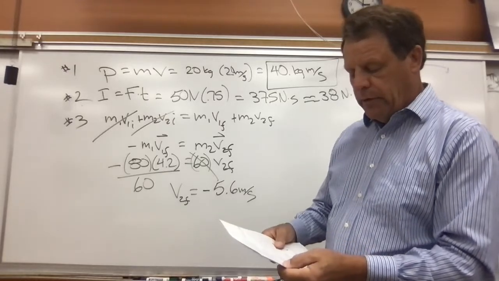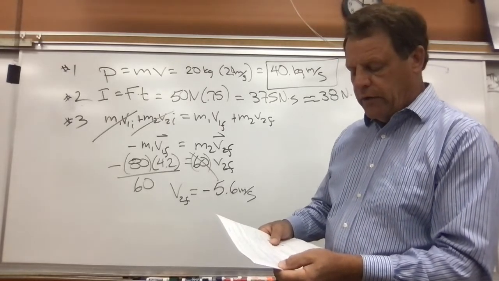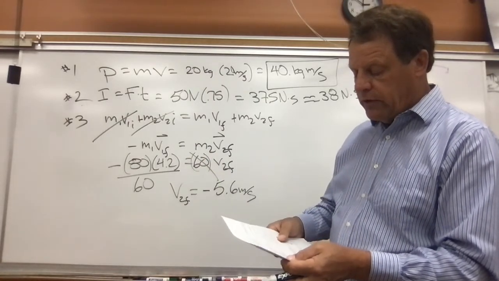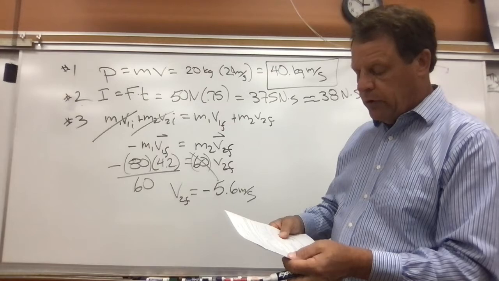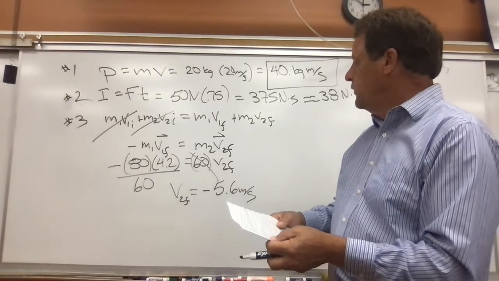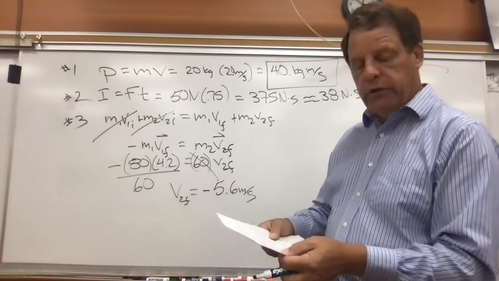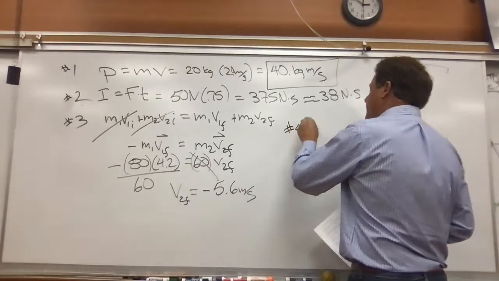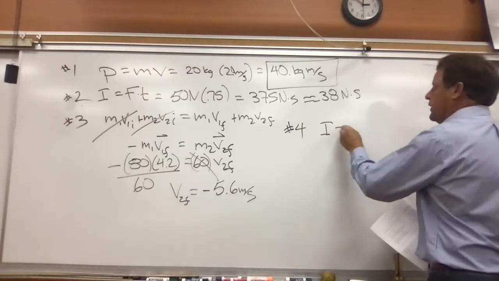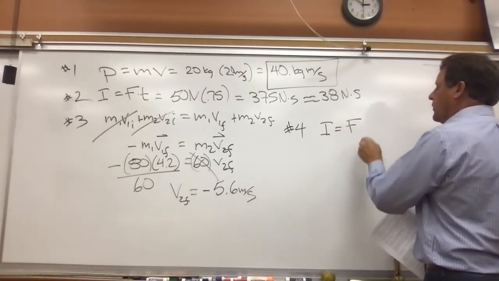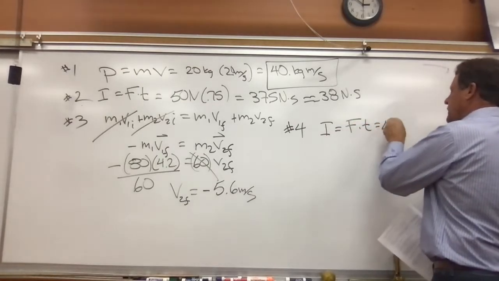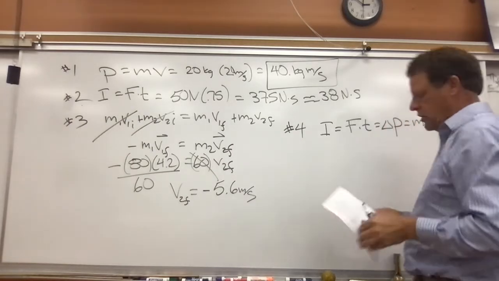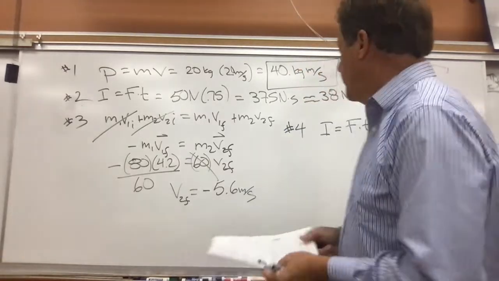All right, number 4. We're going to take the scenario from number 3, the two skaters, and if they push off for 0.6 seconds, determine the impulse and the average force. Impulse is equal to force times time, and it's also equal to the change in momentum, which is mass times the change in velocity.